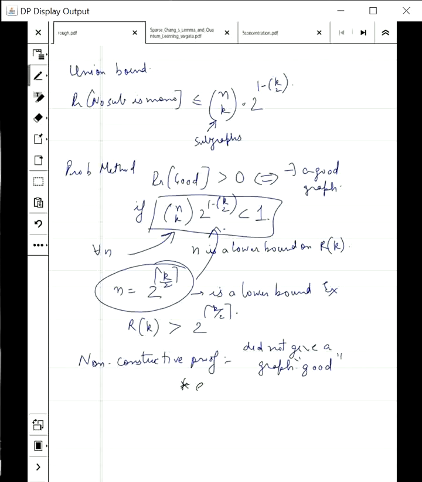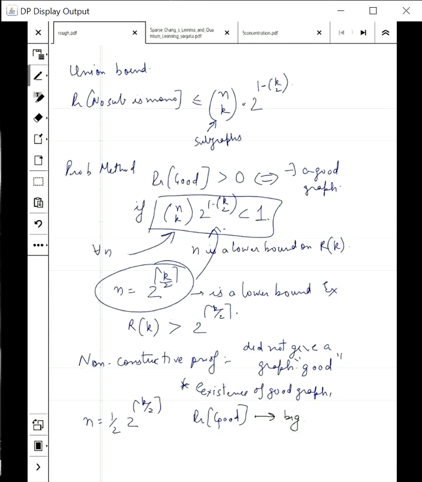It seems that such proofs are not really useful for algorithmic purposes, since we are not outputting a good graph. But this can be made algorithmic if we are allowed to compromise. If we say that n is equal to half times 2 to the k by 2, then the probability that a good graph exists becomes very big.